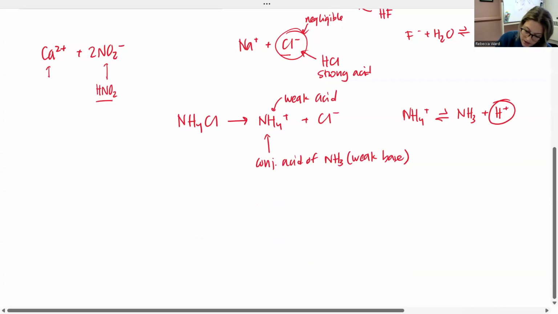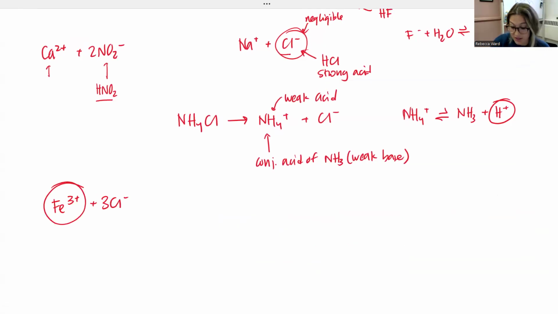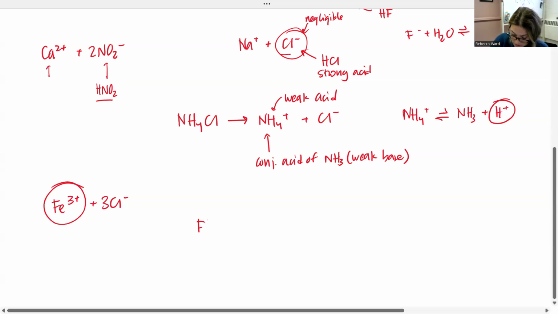And then lastly, we have iron 3 chloride. So Fe3 plus and 3 Cl minus. This is finally not a group 1 or group 2 metal, it's in that D block, and it has a very high charge density, so much so that when it goes into solution, to stabilize that 3 plus, water molecules circle around it, and they donate their electron density to the point where that oxygen is really pulling on some of the electron density from the hydrogen, and it becomes really partially positive.